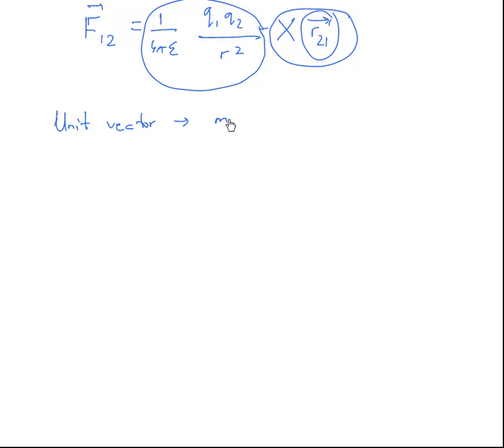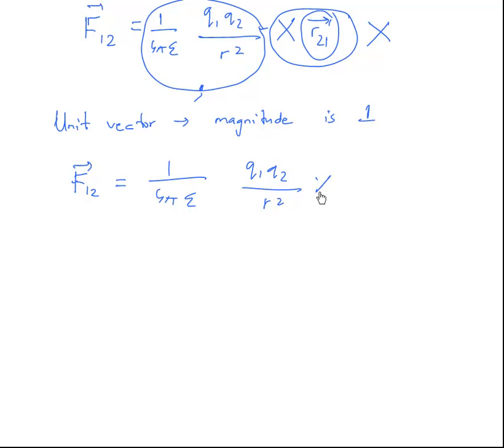As the name suggests, a vector whose magnitude is 1. So when you multiply a magnitude such as this by a unit vector, then the magnitude will be unaffected. And therefore, instead of multiplying by the vector R21, I will multiply this magnitude by the unit vector R21.